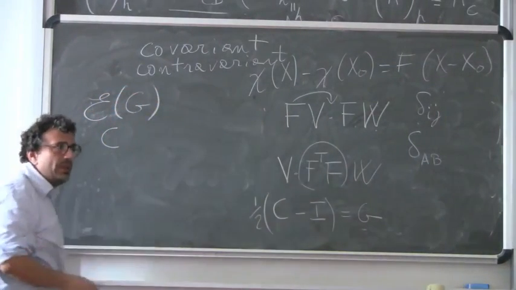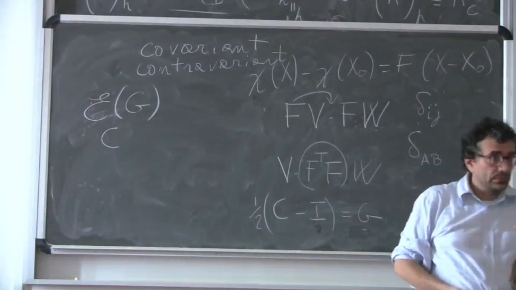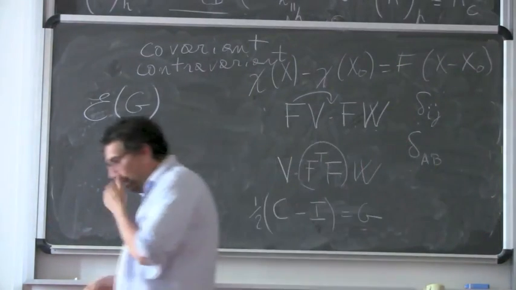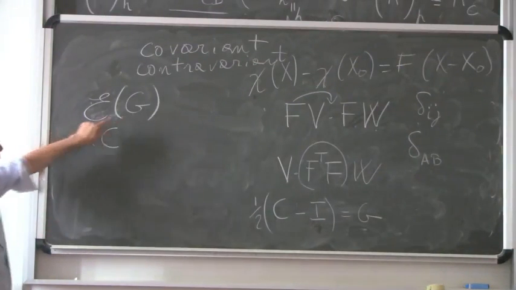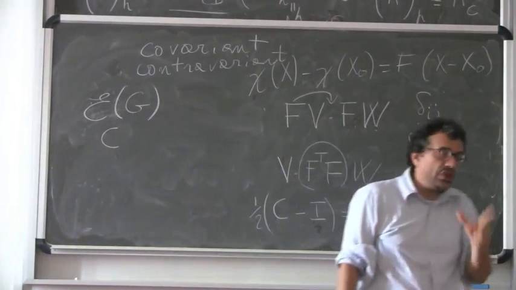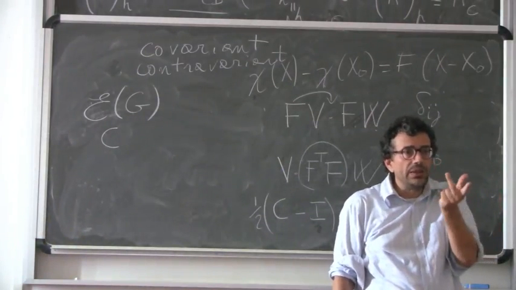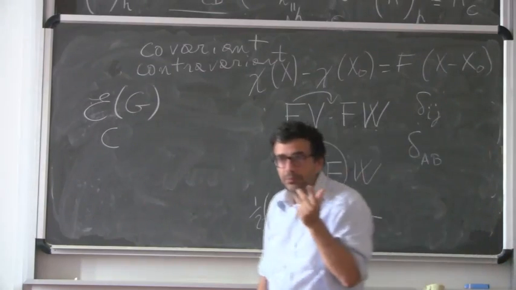We said that epsilon depends on G. So we conclude our discussion preparing the calculations you will do in the next block, in the next lecture. E of G is the energy which is needed in order to deform the unit cube of your deformable body.